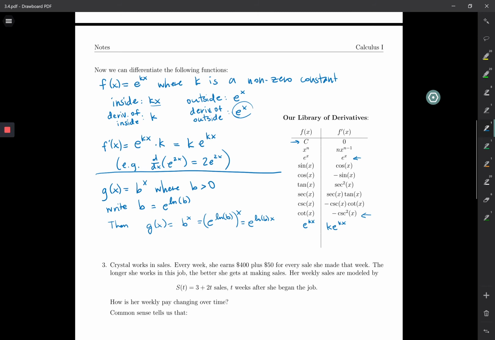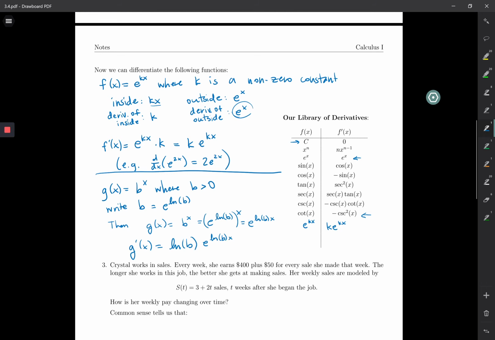So we can use that rule that we just found, using the derivative rule, so we just get a copy of that constant down in front, so we get natural log of b down in front, and then e to the natural log of b times x.